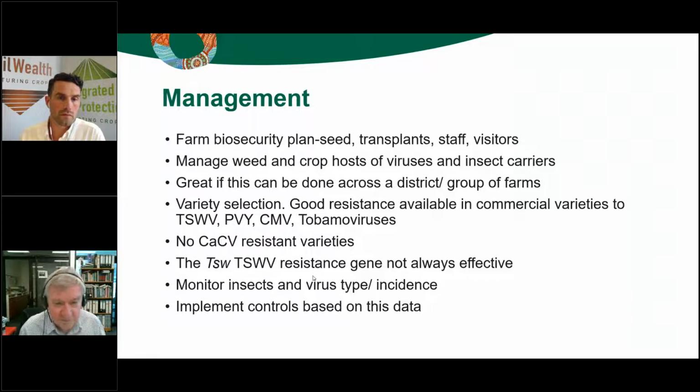With non-persistent borne viruses, applying insecticides for aphid control is usually not very useful because that spread process is just so rapid. Certainly if you've got really large aphid populations on the crop, some strategic spraying to reduce that's important, but in many instances with non-persistent transmission, it's aphids that are moving quite quickly through a crop and very briefly feeding. They're actually getting the virus and then moving it rapidly as they move through a crop.